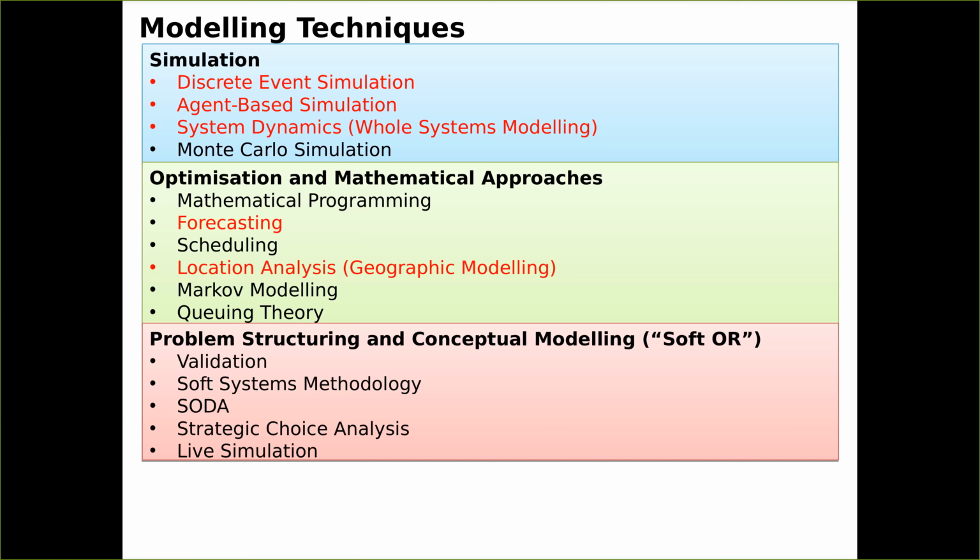But what we are going to do in this course is to take you through virtually all of the things that we do. So we do discrete event simulation, we do agent-based simulation, system dynamics, forecasting, geographic modeling, all of those kinds of things. And so we're going to teach you the stuff that we do and focus on those things. But just to make you aware that there's a whole raft of stuff out there that's available.